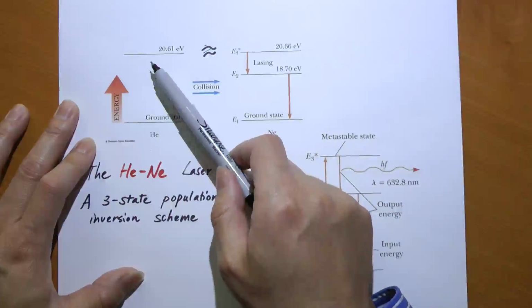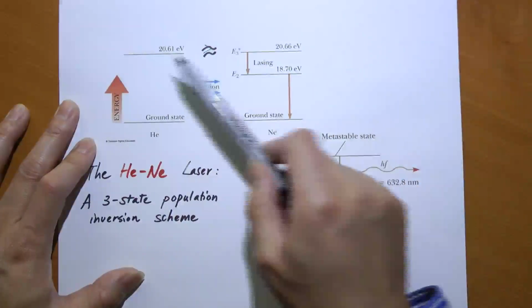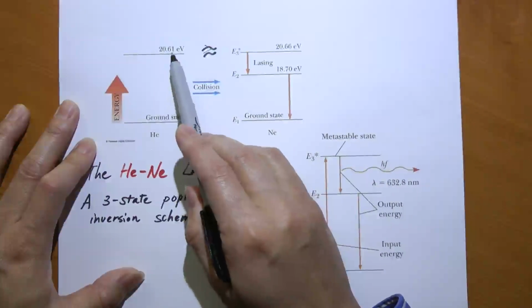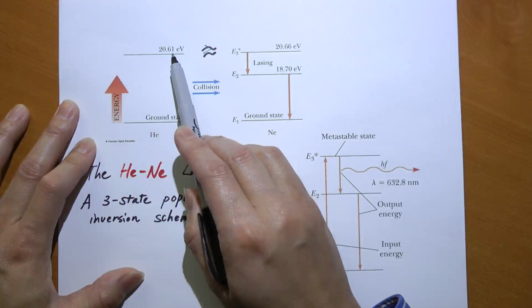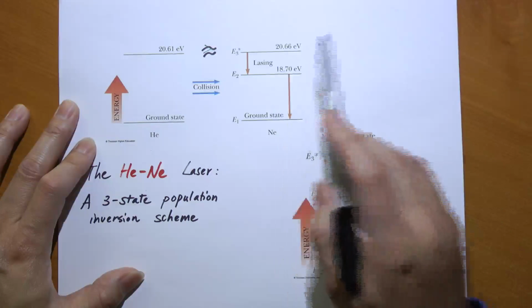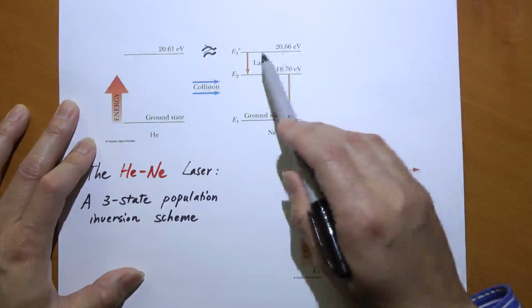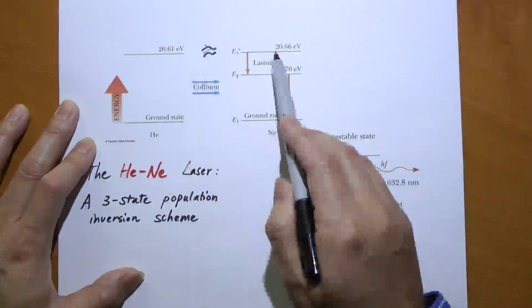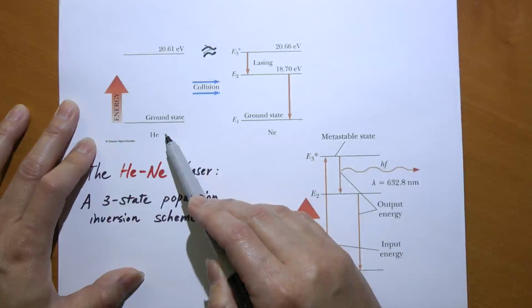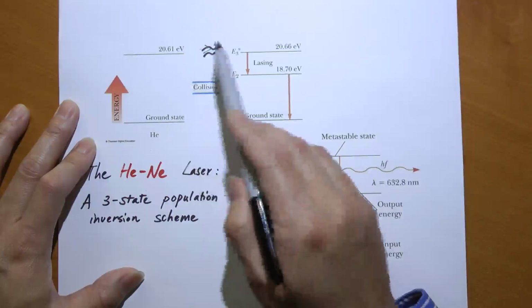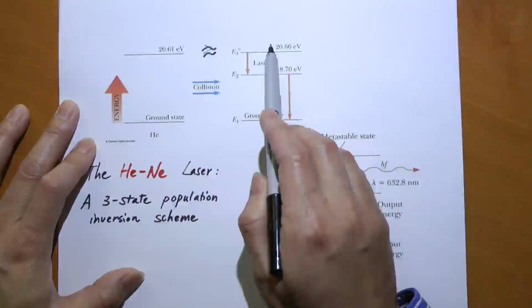And it then collides with the neon atoms. We're talking about collision. And you have an energy level in helium, which is quite close to an energy level in neon, one of the energy levels in neon. It's actually a little bit lower, but remember, this guy has a lot of kinetic energy on top of that, so you can easily provide the energy difference.